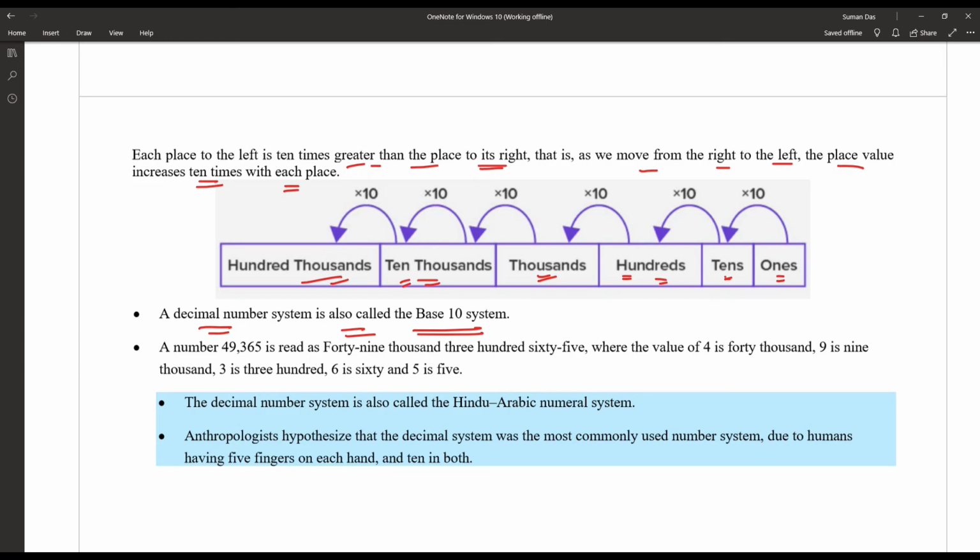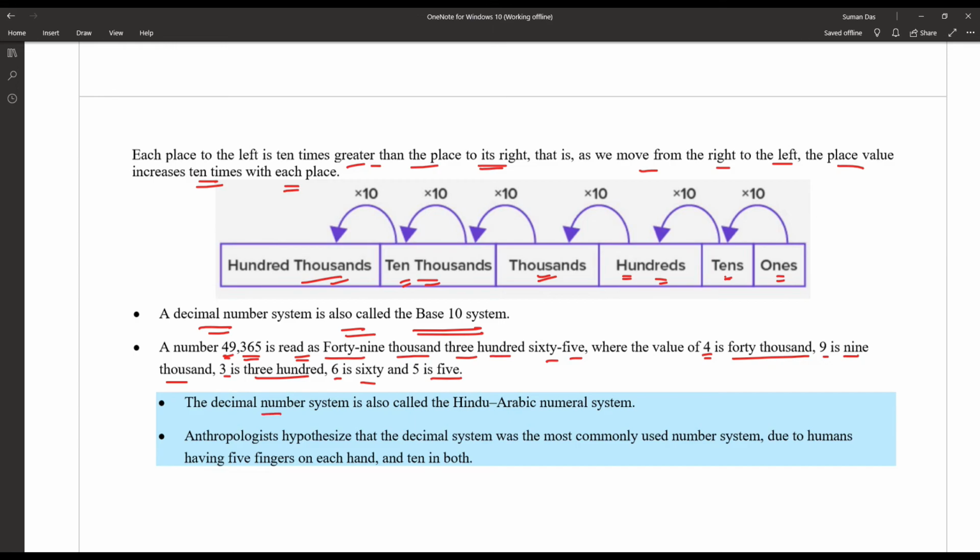Suppose a number 49365 is read as 49,365, where the value of 4 is 40,000, 9 is 9,000, 3 is 300, 6 is 60 and 5 is 5.